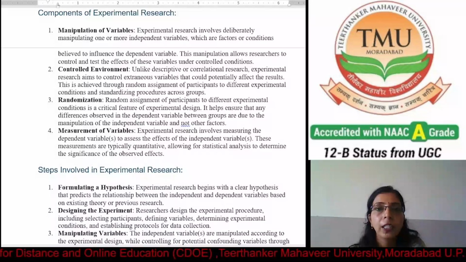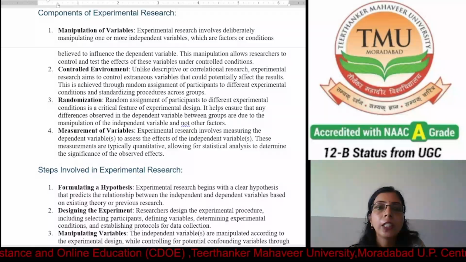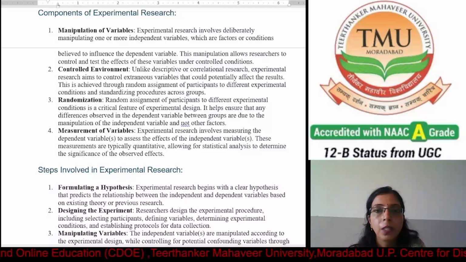So from these results, the researcher would like to conclude that the remedial teaching program is helpful for the groups of 10th grade.